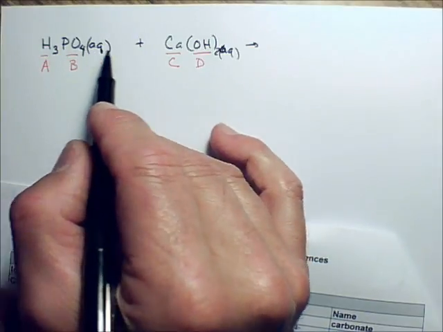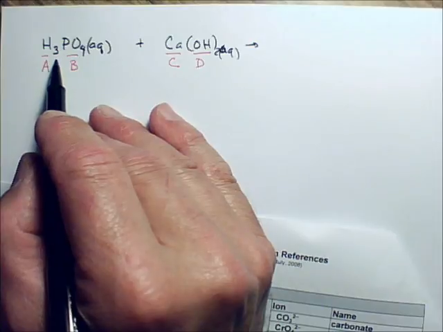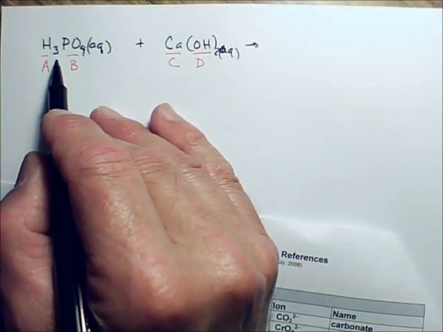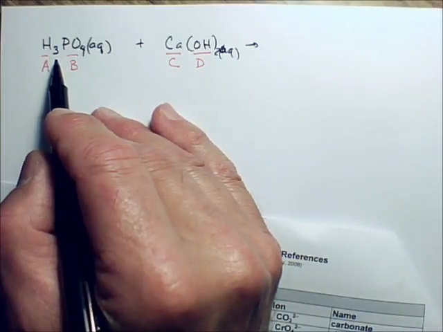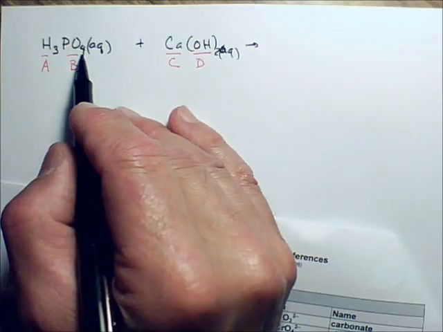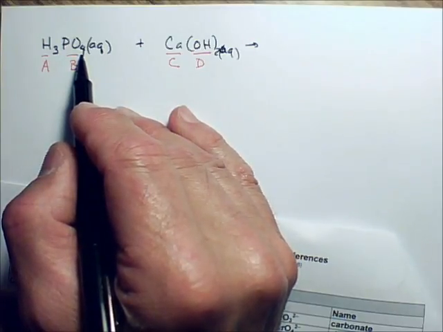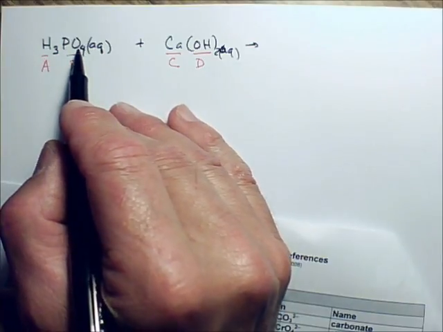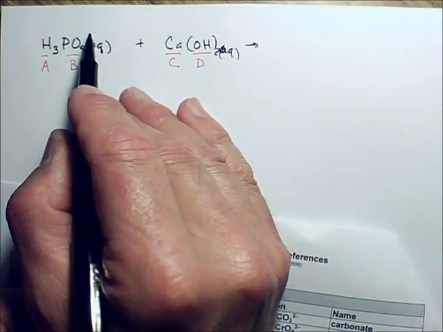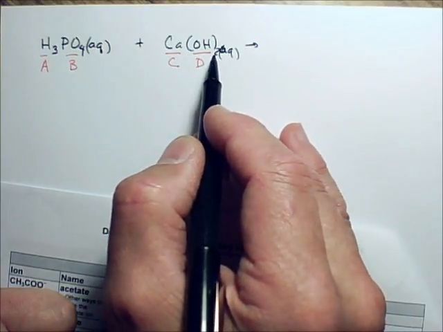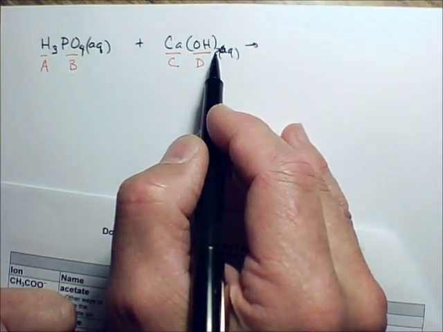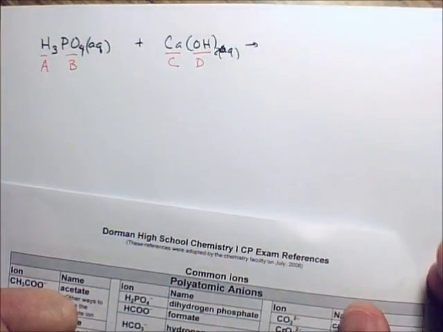Okay? So this subscript isn't going to travel. It's not part of the formula of a polyatomic ion. However, this subscript is part of the formula for a polyatomic ion. The phosphate ion is PO4, 3 negative. So this 4 has to travel. This 2 is not part of the polyatomic ion hydroxide.